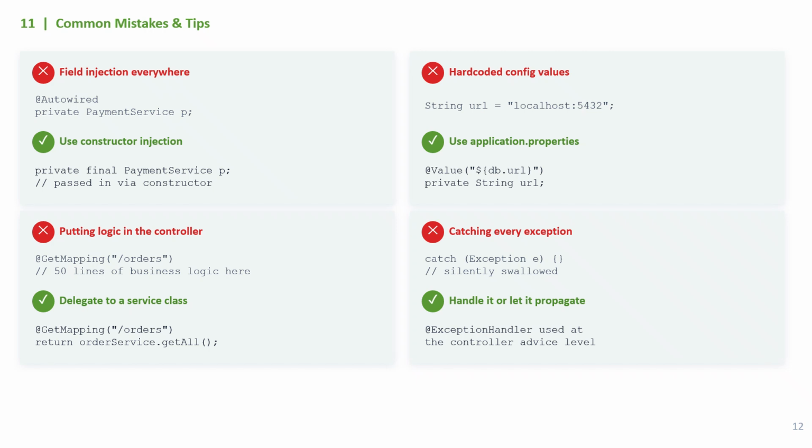And the fourth mistake is catching every exception with a broad catch block and silently swallowing it, which means errors disappear without you ever knowing they happened. The better approach is to either handle the exception properly or let it propagate up to an @ExceptionHandler at the controller advice level so you actually know when something goes wrong.